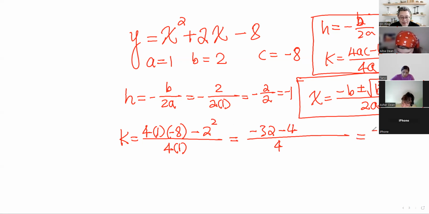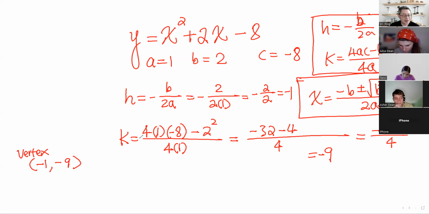That'd be 4, that gives us -36 over 4. Well, 36 divided by 4 is 9, and -36 gives us -9. Okay, so our vertex will be -1, -9. Now we just need to figure out what x and y are.